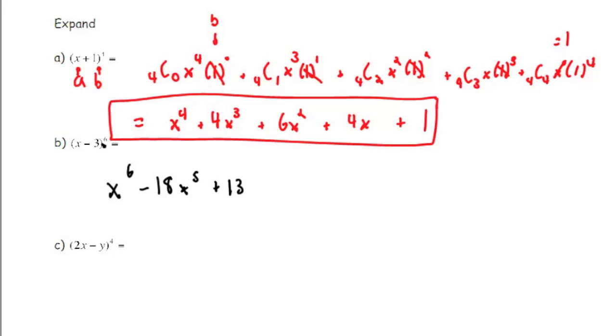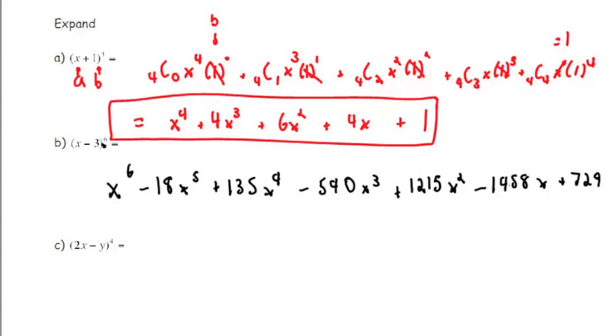And you end up with an answer of x to the 6 minus 18x to the 5 plus 135x to the 4 minus 540x cubed plus 1215x squared minus 1458x plus 729.